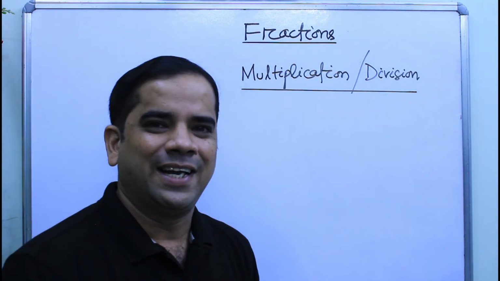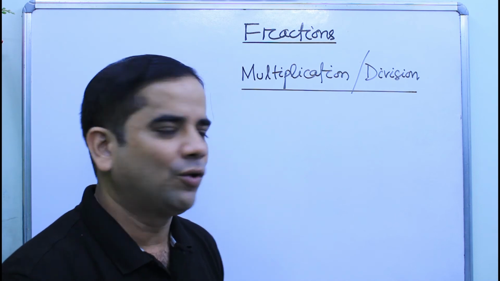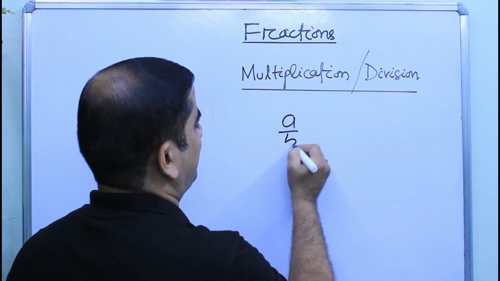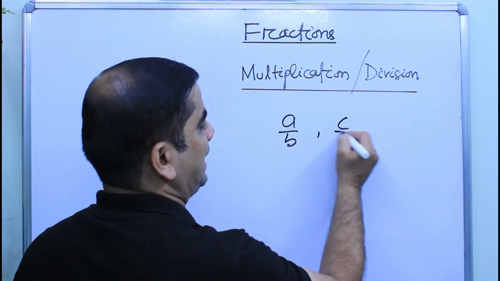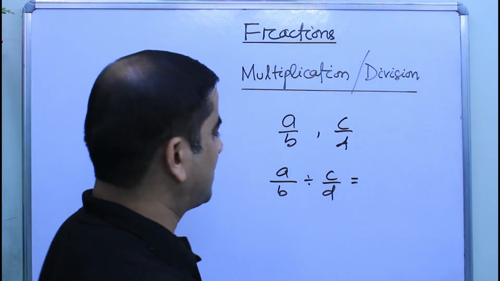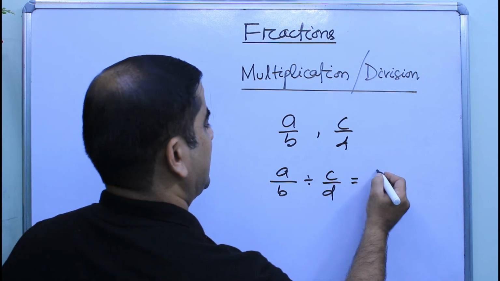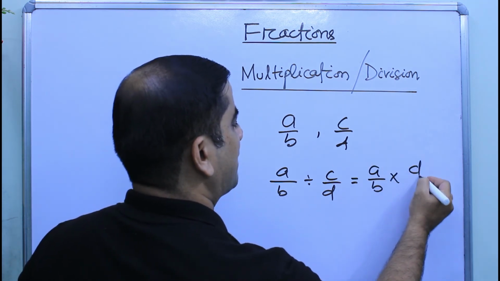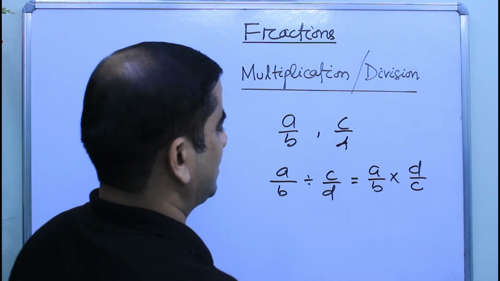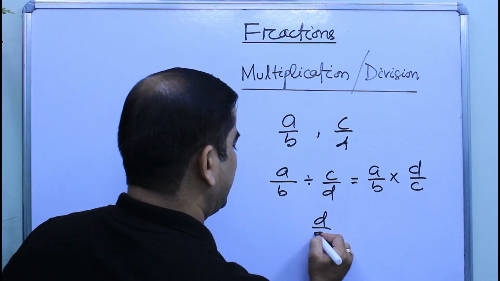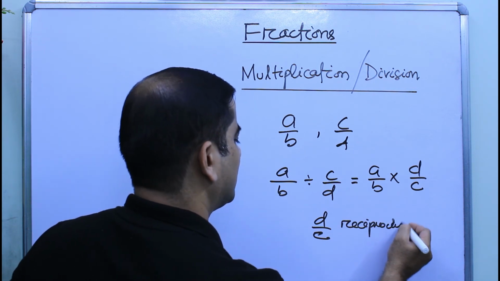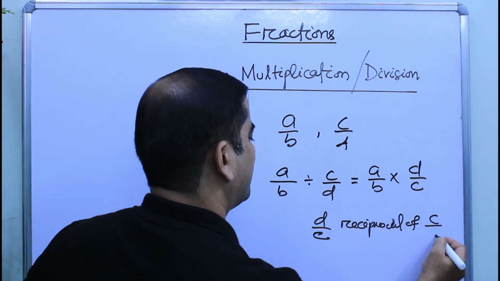Okay, students, let us now discuss division. Suppose we have two fractions a by b and c by d. You need to remember that in this case it gives us a by b into d by c. d by c is the reciprocal of c by d.